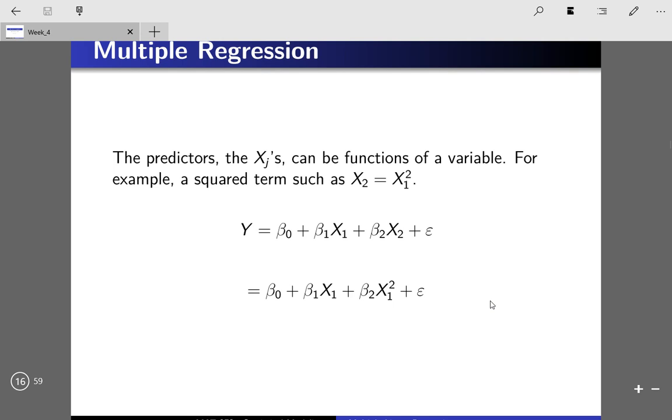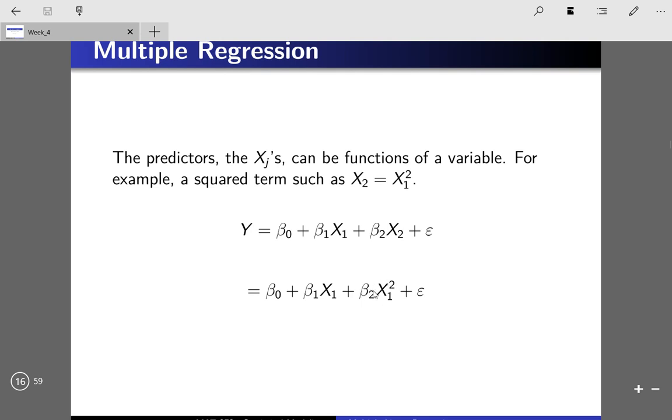And so actually what we do, we don't just have a simple linear regression model where we have the squared x1 instead. We can have both terms. Our first predictor is just the regular old untransformed explanatory variable, which we'll denote x1. And we add on a second explanatory variable, which is the transformed x1.